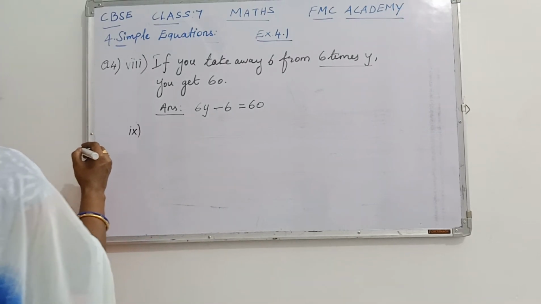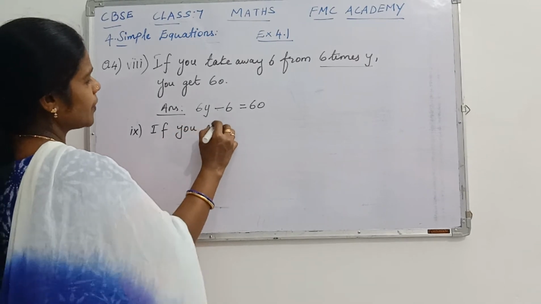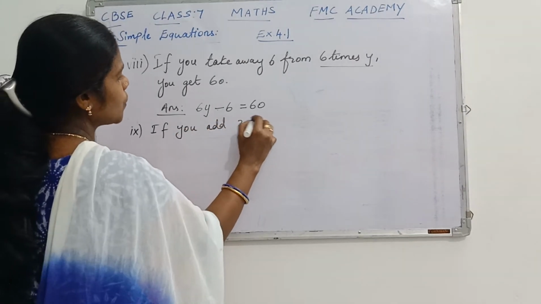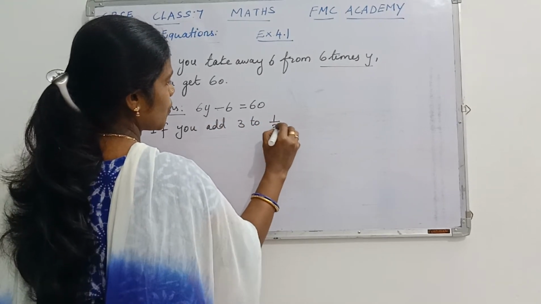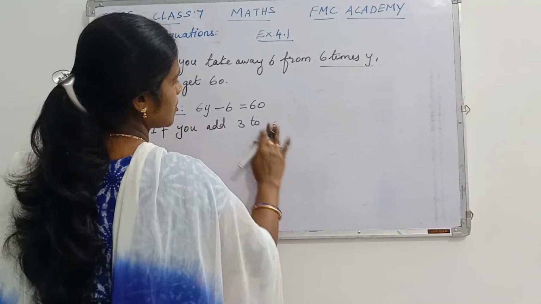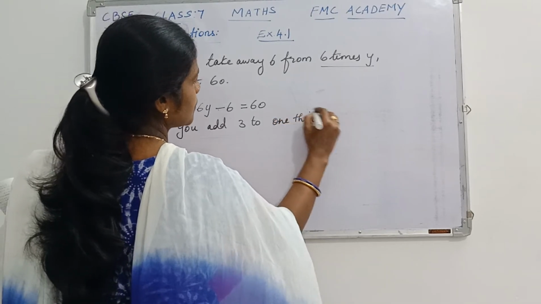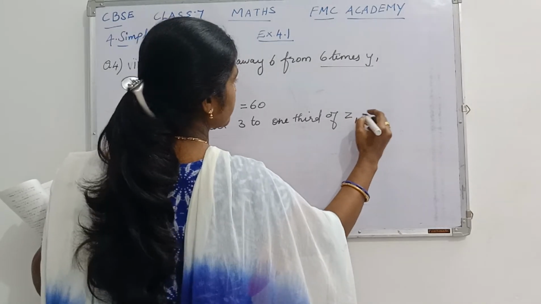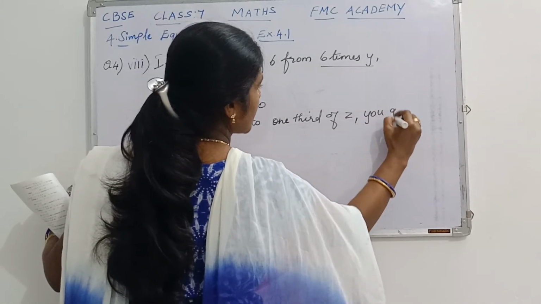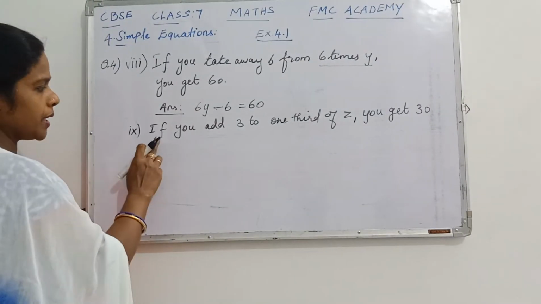If you add 3 to 1/3 of z, you get 30. Yes, just see now what you will do here.